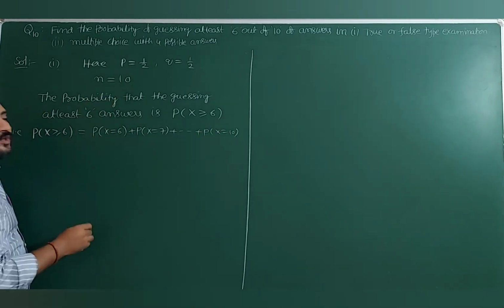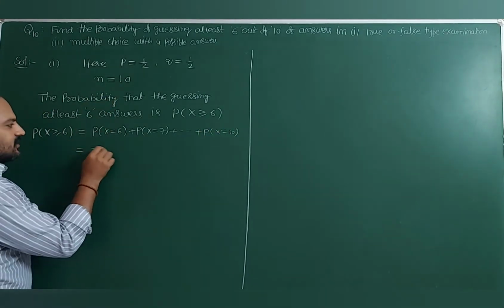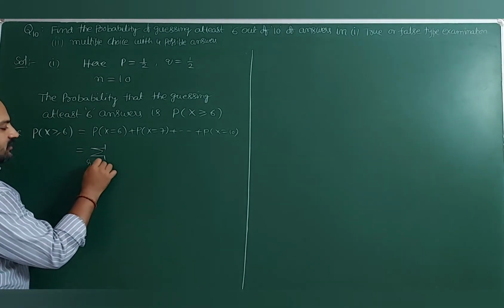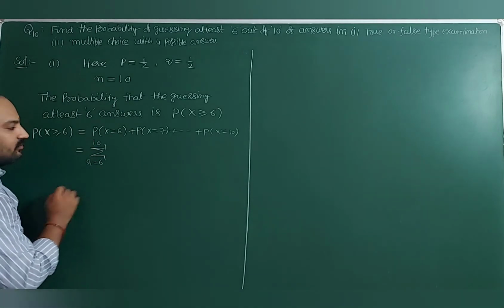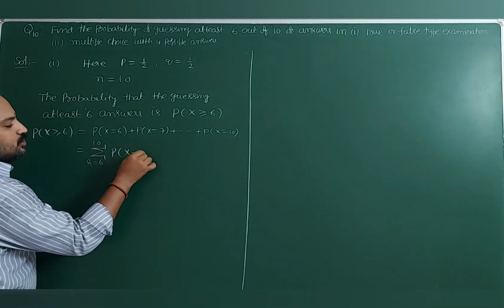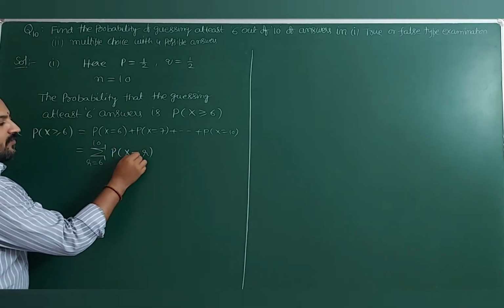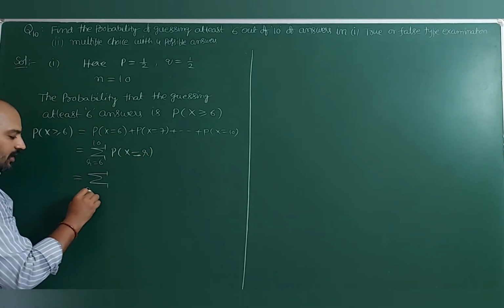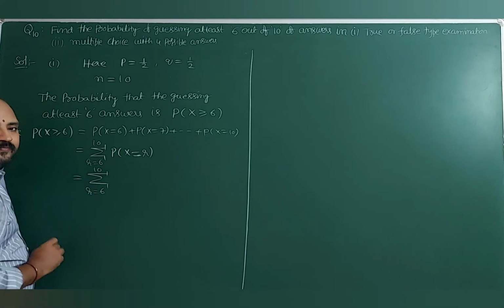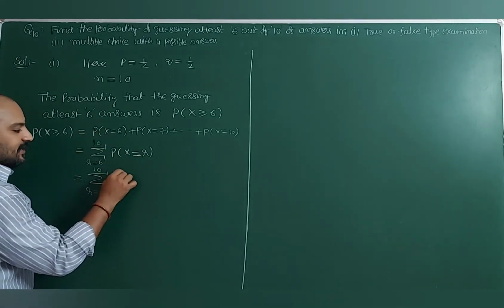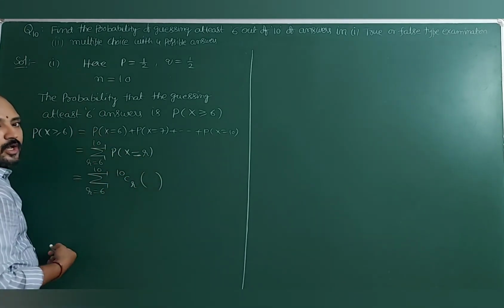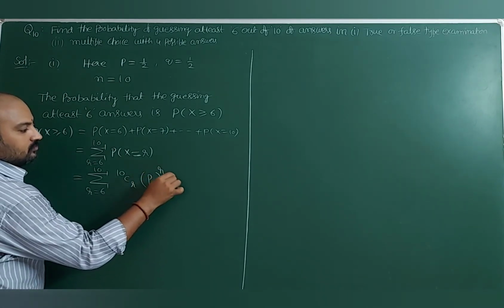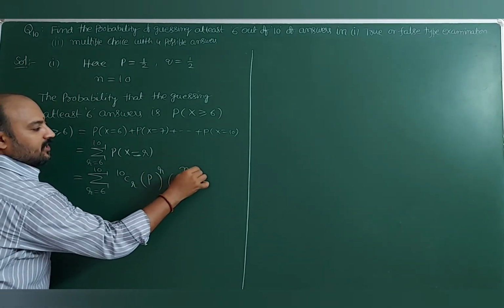So total n is equal to 10. So instead of writing this, summation r is equal to 6 to 10, P of x is equal to r. We know that P of x is equal to r means probability distribution function. Summation r is equal to 6 to 10, 10 C r, P power r, Q power n minus r.